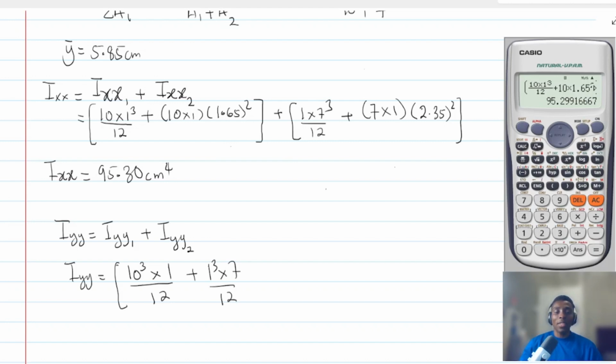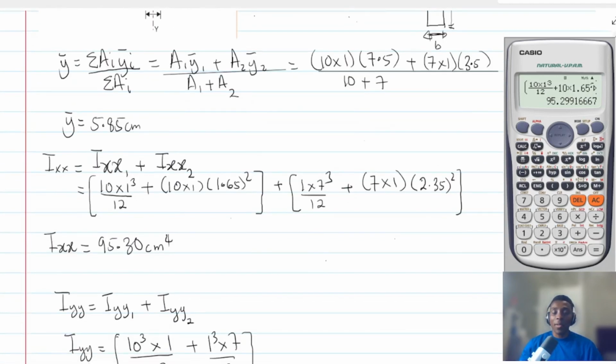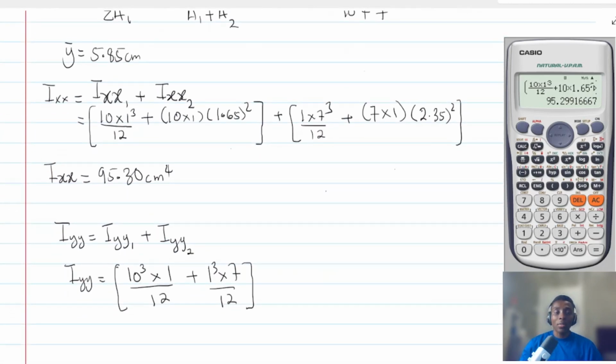So think about it that way. Whenever you do the ISS and you are coming to do the IYY, it will swap. That's all. But because the centroidal axis passes through the reference y-axis, we don't need to calculate the parallel axis theorem. Okay. If you have a question, please leave it in the comment. I will look at it.